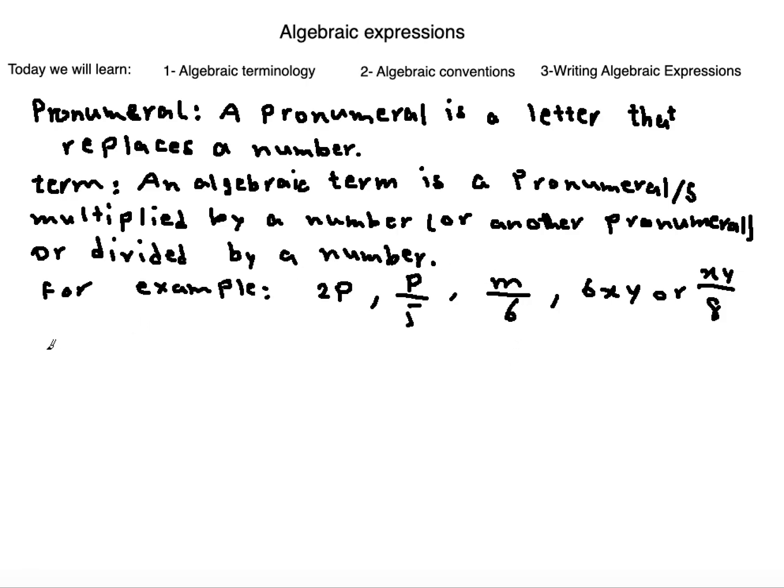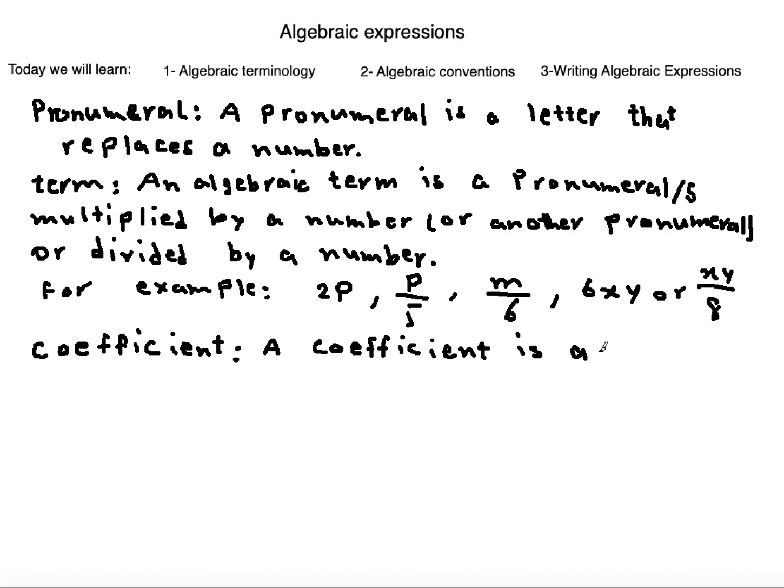Then we have the coefficient. A coefficient is a number multiplied by a pronumeral or a set of pronumerals, doesn't matter.